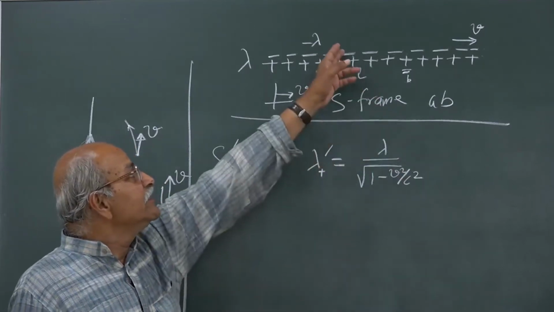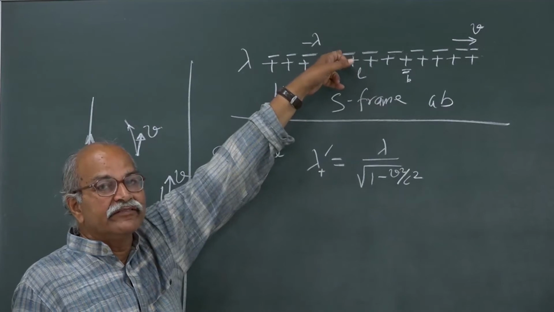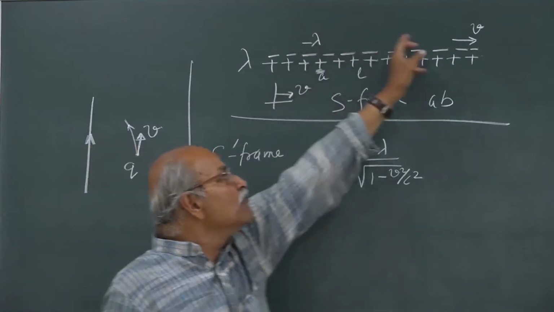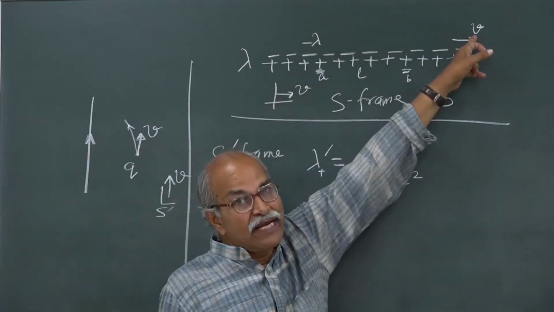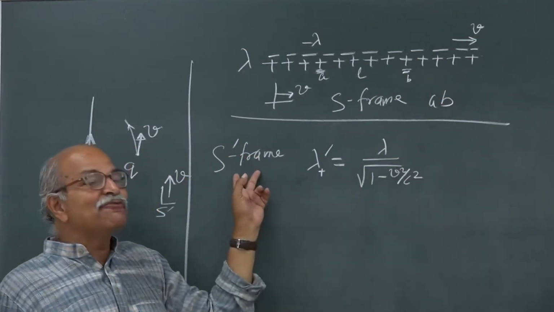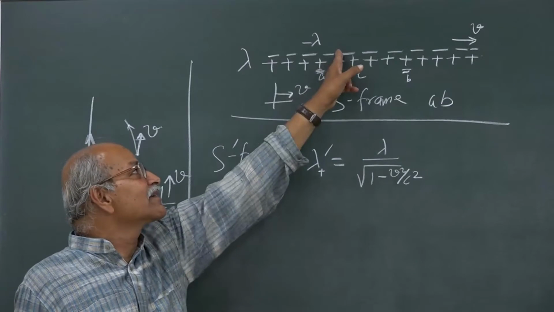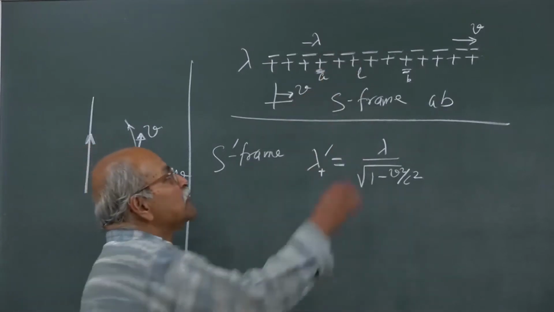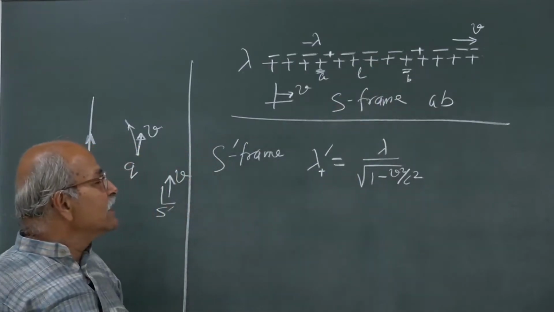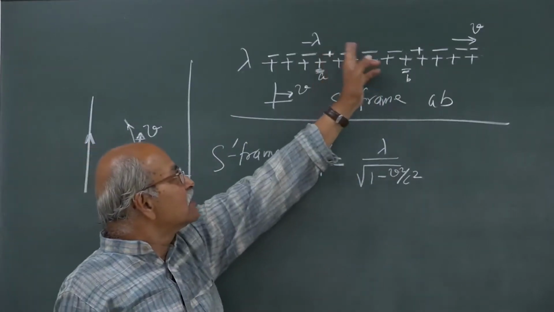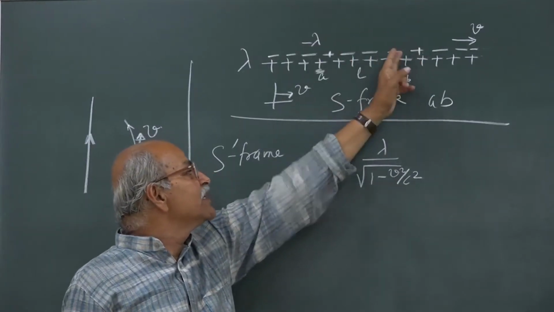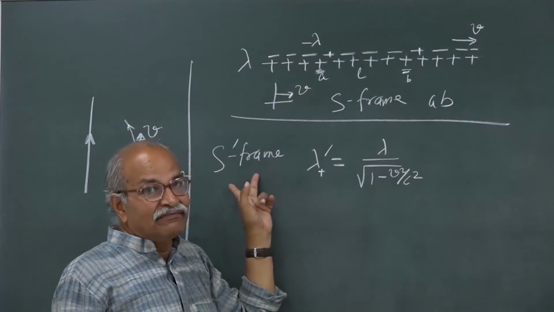Now, look at the negative charge line. The negative charge line in the S frame is moving with a velocity v towards the right, towards the positive x direction, and therefore, as seen from the S prime frame, this is at rest. So, again if you take 2 points on this negative charge line, and say this length is L, what will be the length between these same 2 points as seen from S prime?